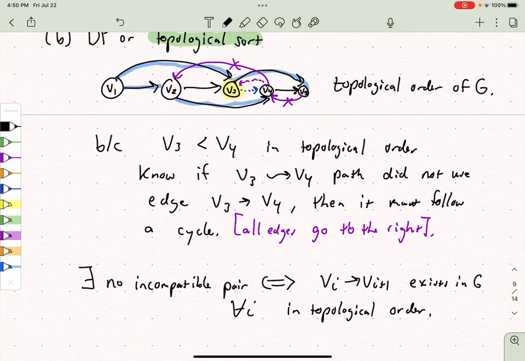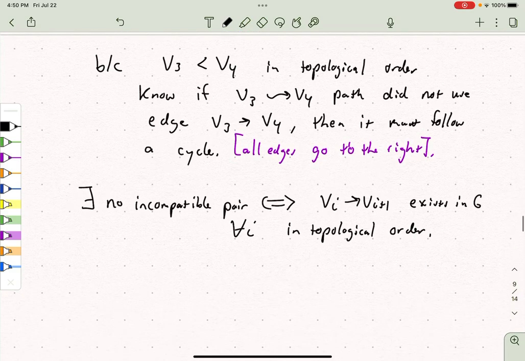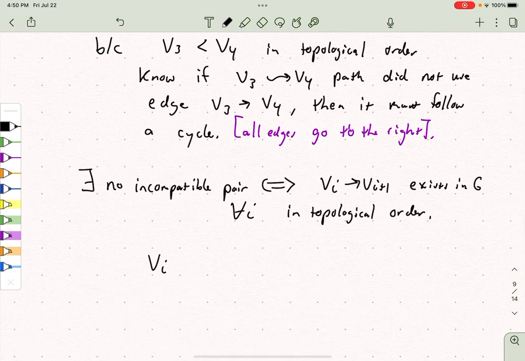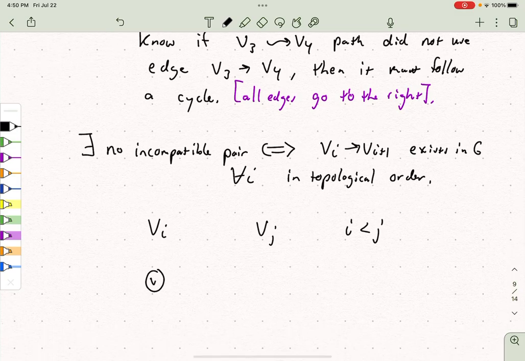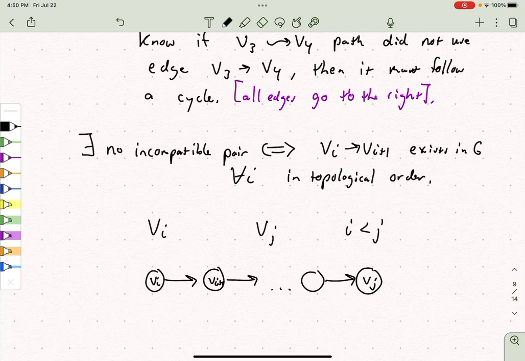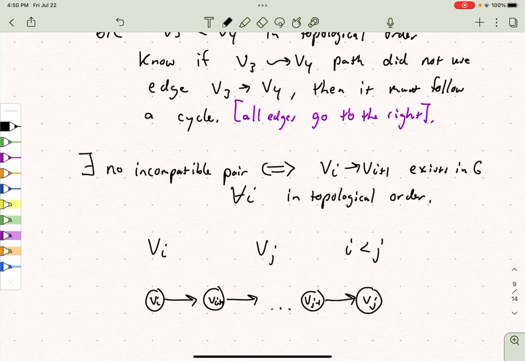Otherwise, if it was there, then obviously we always have a path. For any Vi and Vj, where i is less than j, we always have the path Vi to Vi plus 1, and so on. We just always take the immediate edges till we eventually get to Vj. And similarly, if we swapped it, so j is the earlier one, then j can reach i. So this is the key fact.